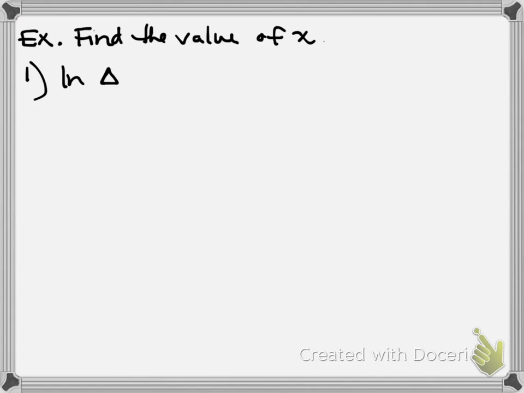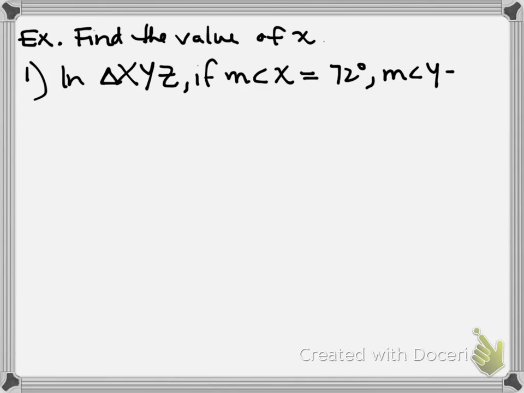So it says in triangle XYZ, if the measure of angle X equals 72 degrees, and the measure of angle Y is equal to 74 degrees, and the measure of angle Z is equal to x, what is x?